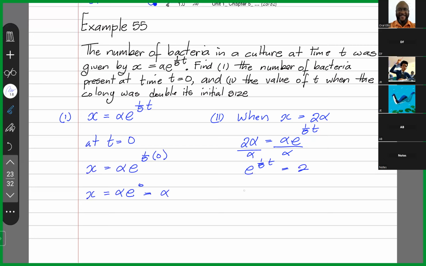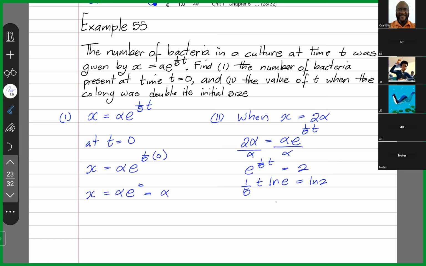If I take log to the base e of both sides, I'm going to get 1/5 t ln e is equal to ln 2.